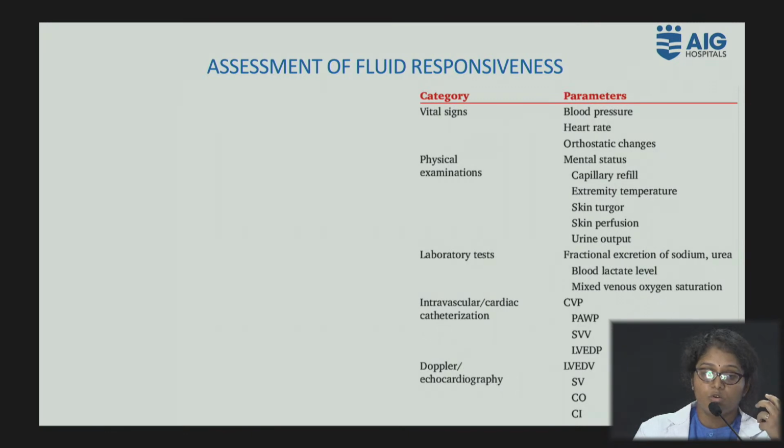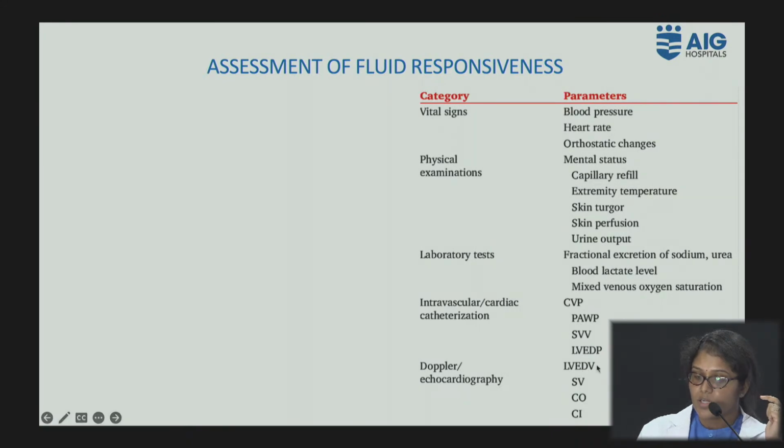In order to know in which patient we have to give fluid, we have to know the parameters which assess fluid responsiveness. So these are the parameters. This can be further divided into static and dynamic. The static parameters include blood pressure, heart rate, capillary refill, urine output, blood lactate levels, CVP, and mixed venous oxygen saturation.